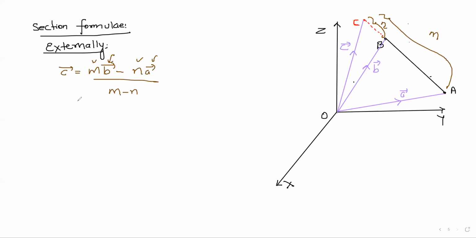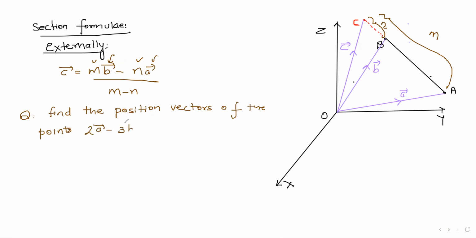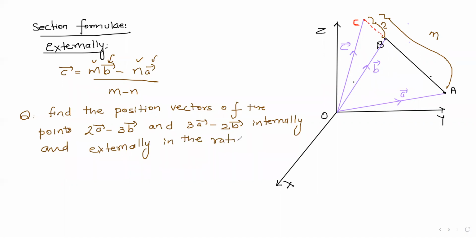I will give you a question. Find the position vector of the points 2a minus 3b and 3a minus 2b internally and externally in the ratio 2:3.